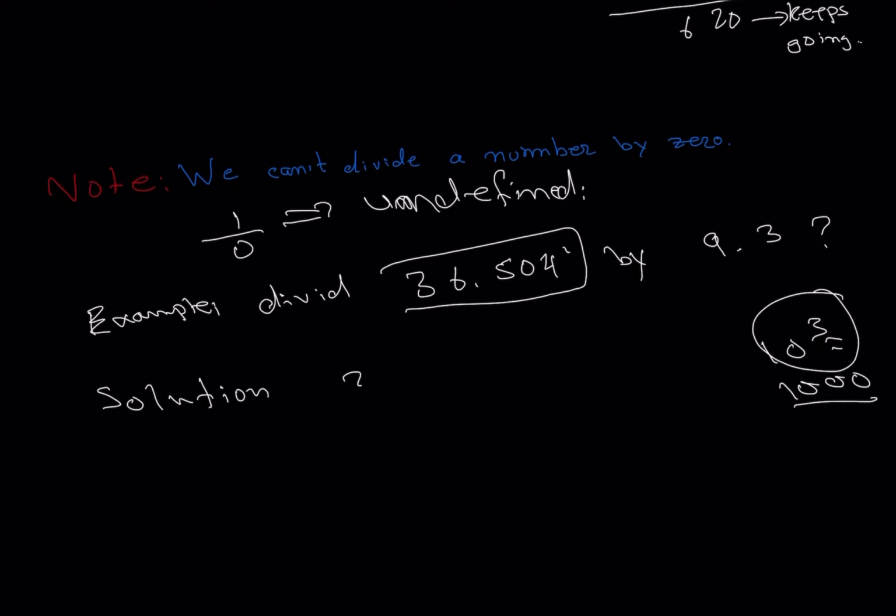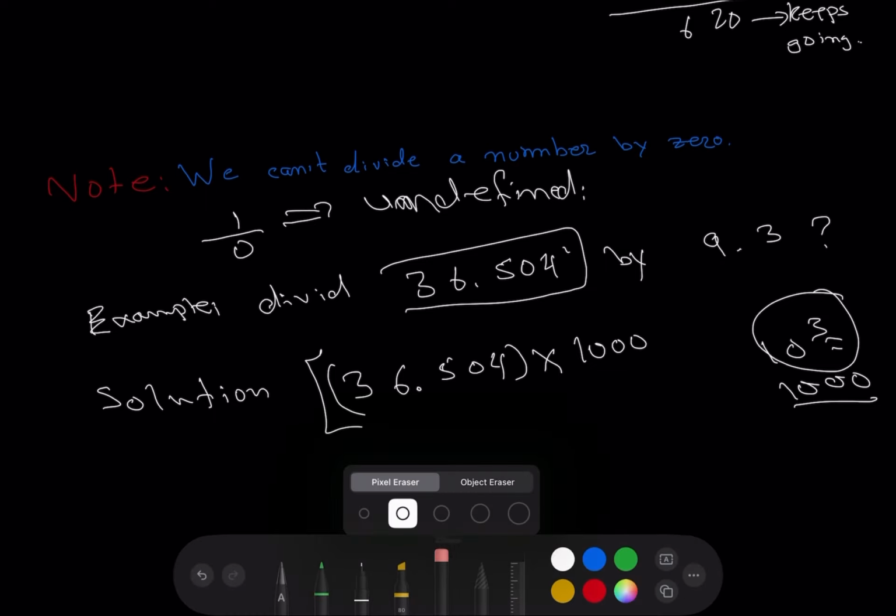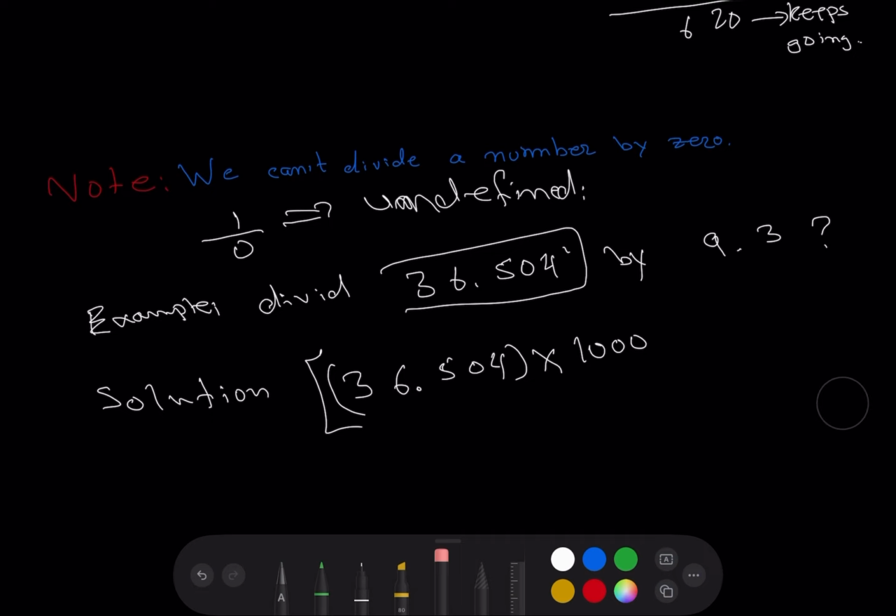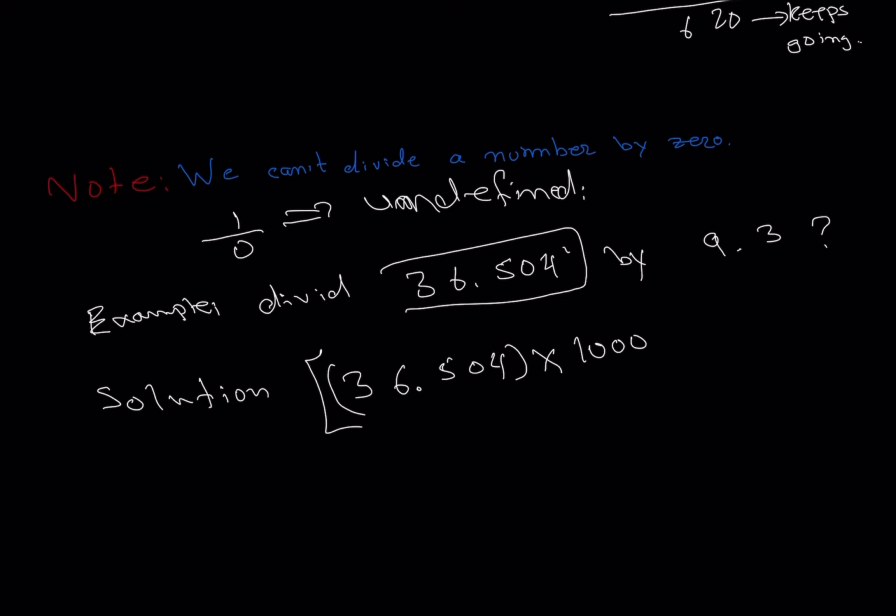So what we will do is 36.504, that whole number, times 1000, and that whole thing divided by 9.3 multiplied by 1000.